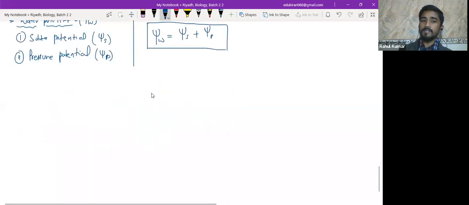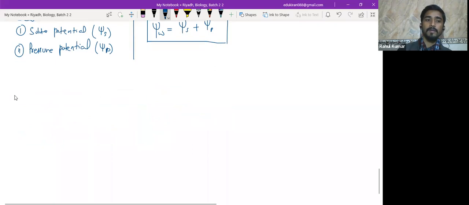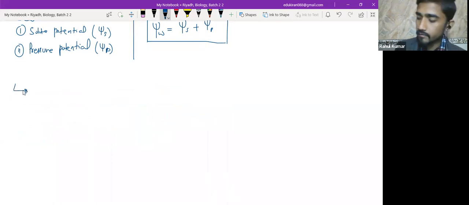Now let's try to understand this formula. Water potential, you all know. Let's talk about solute potential. So write down what is a solute potential basically. Let's say there is pure water, and that is the standard potential. Okay. And whenever we add a solute to the water, what happens to the potential of water?